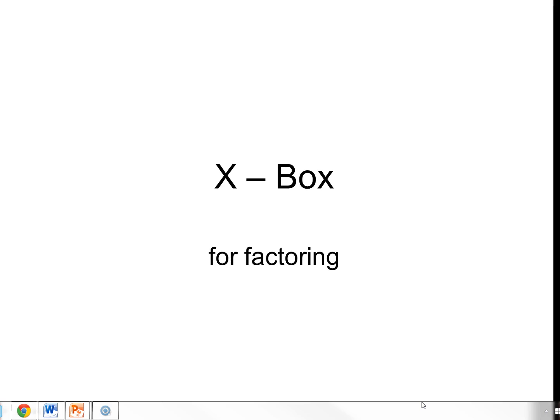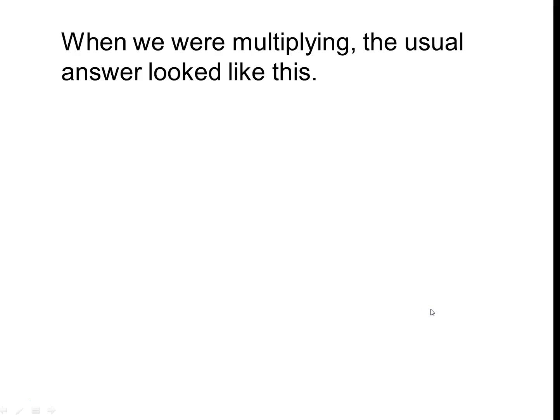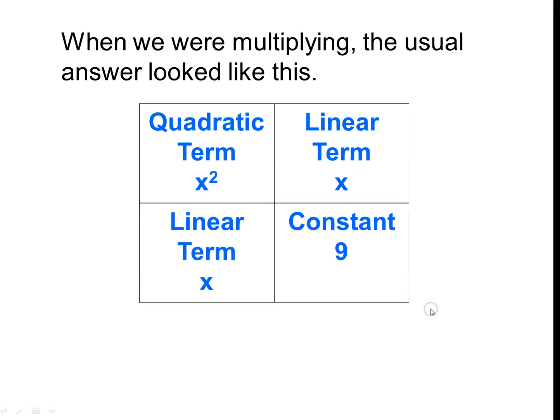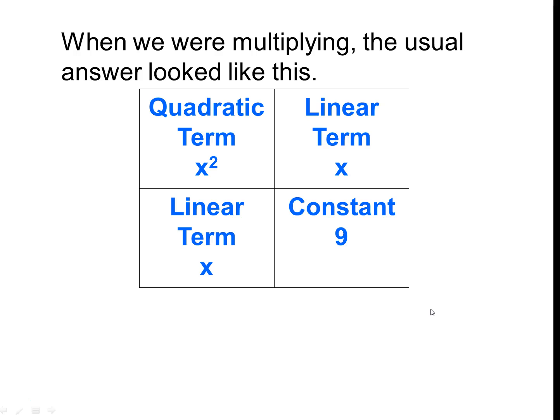All right, so back when we were multiplying using our box, one of the things that seemed to keep happening is that we kept getting x squared right here. And the constant, the number, kept ending up right here.